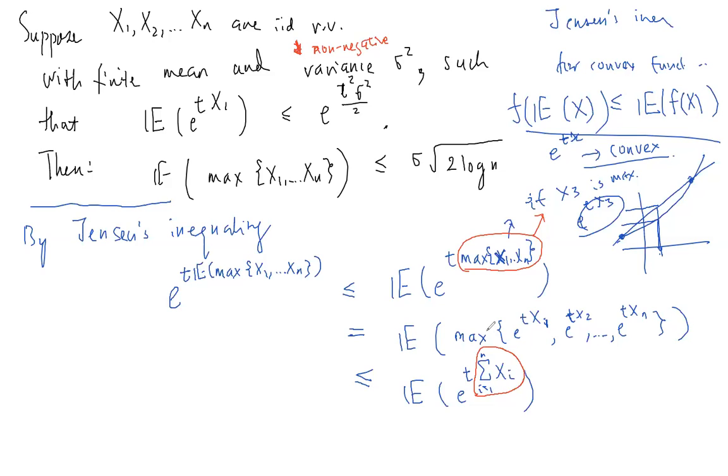Because if we can take negative numbers, then it may not be clear which is larger. But if these are all non-negative terms, then it is very clear that your sum is definitely larger than the max.